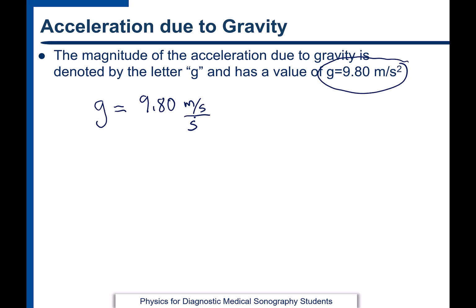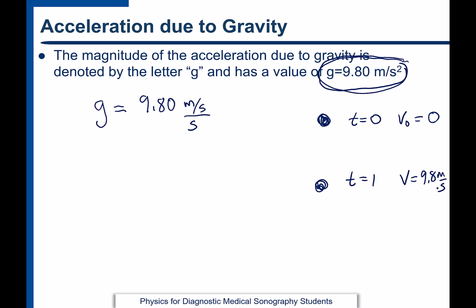So just to think about what does that mean? If I took an object and at t equals 0, I dropped it, so the initial velocity is 0. If the acceleration due to gravity is 9.8 meters per second squared, that means after 1 second, that object would be moving down with a velocity of 9.8 meters per second.